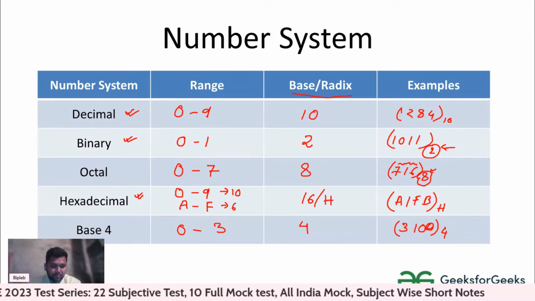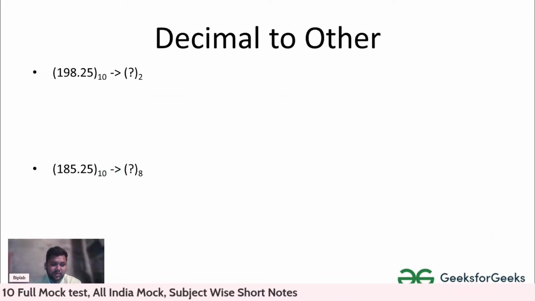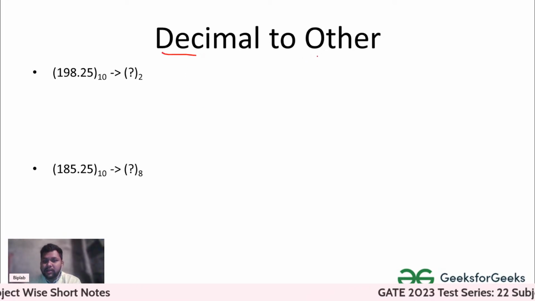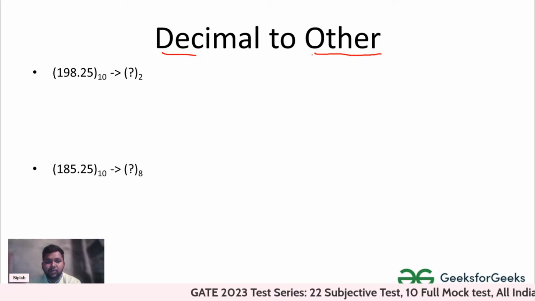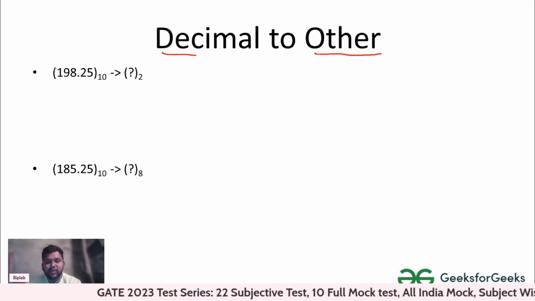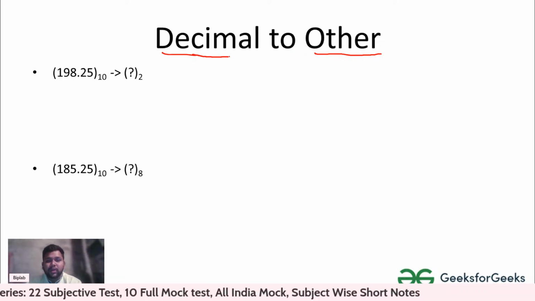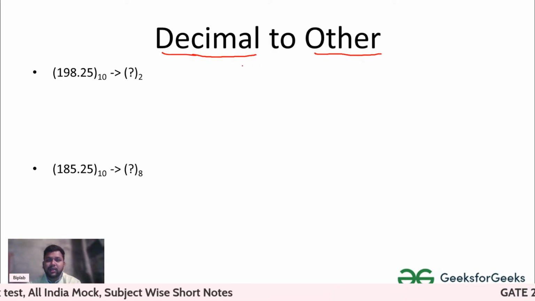Then let's look at some conversions, like decimal to other bases. I am not talking about any particular number system. Using this method, you can convert a decimal number to any other base.